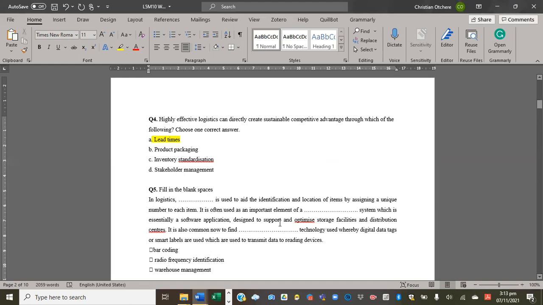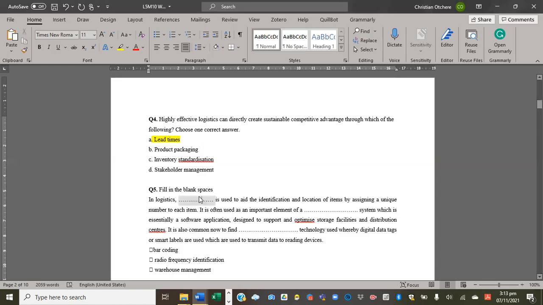It is often used as an important element of a warehouse management system, which is essentially a software application designed to support and optimize storage facilities and distribution centers. It is also common now to find radio frequency identification technology used, whereby digital data tags and smart labels are used to transmit data to reading devices.